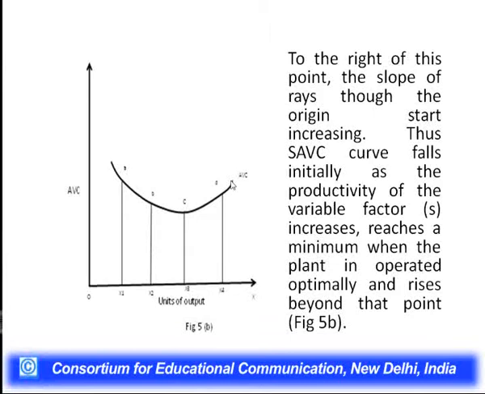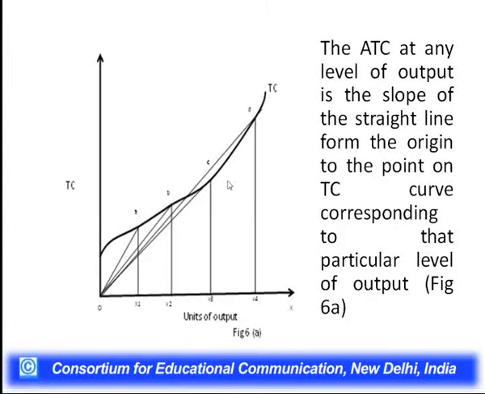And I have already told you that it is because of the law of variable proportions, that in the initial stage the variable factor is used more, the fixed factor is used properly, so average variable cost will go on declining. It will become minimum, and after that it has started increasing because we are now using more than the optimum input ratio, and the fixed factor is now scarce and the variable factor has become in excess.